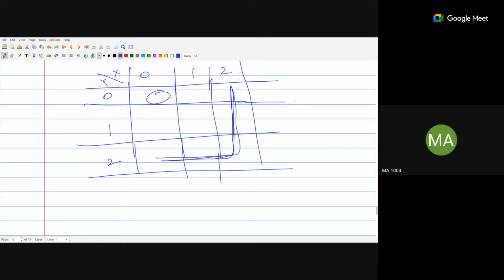Initially, for an n cross n, I thought it would be n minus 1 times n minus 1, a smaller square, n minus 1 whole square. I said n log n, but what I proved is n minus 1 whole square. N minus 1 whole square is not a good bound. Optimal is n log n.